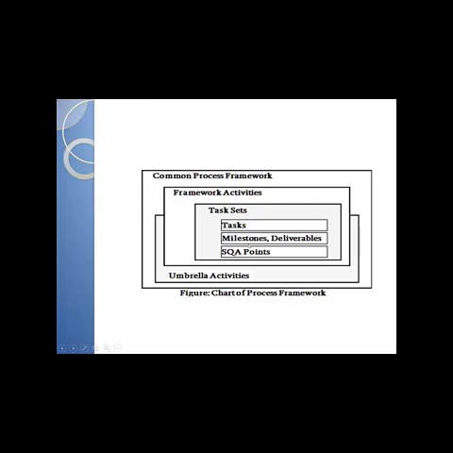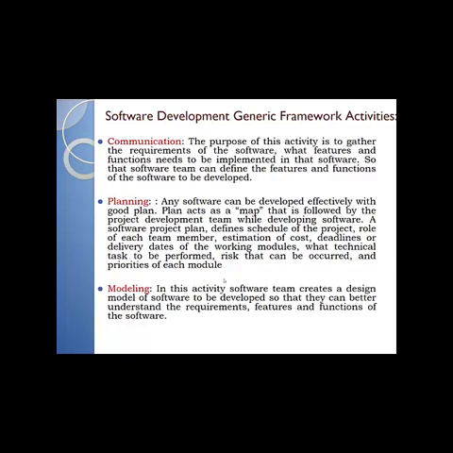It is going to have some milestones, it is going to deliver something, and it is going to have some quality checkpoints. Besides these framework activities, there are some umbrella activities, and these umbrella activities will vary from project to project. Not every software project is going to require the same set of umbrella activities. So this is about the common process framework.